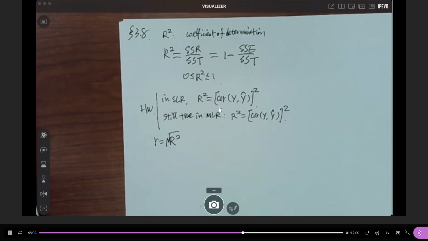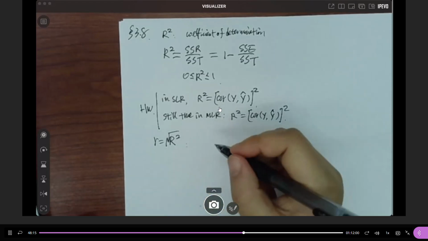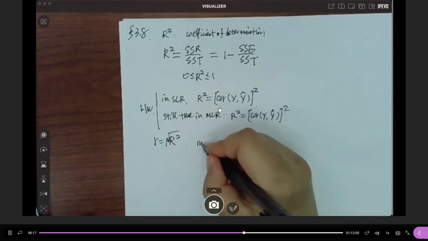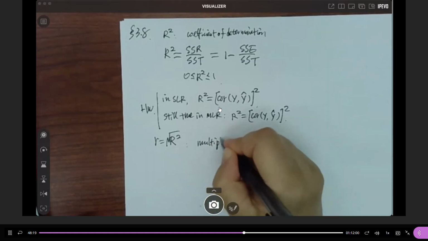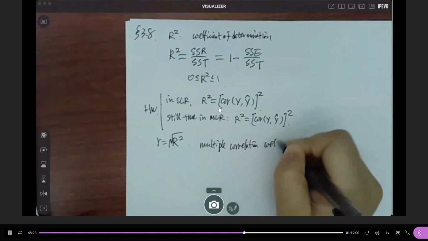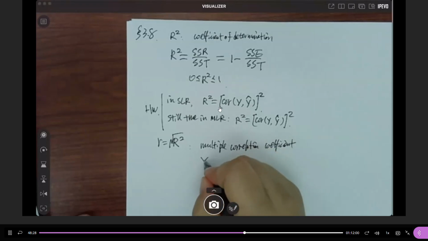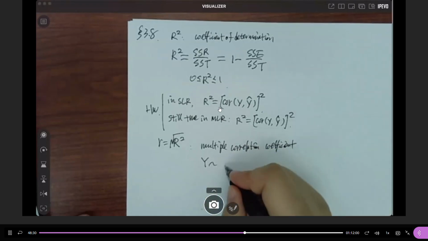I still accept that it's kind of a linear relationship, but in the simple linear regression model, it's a linear relation between Y and one X. Here you have multiple X. How do you interpret that? First of all, the name is called multiple correlation coefficient.